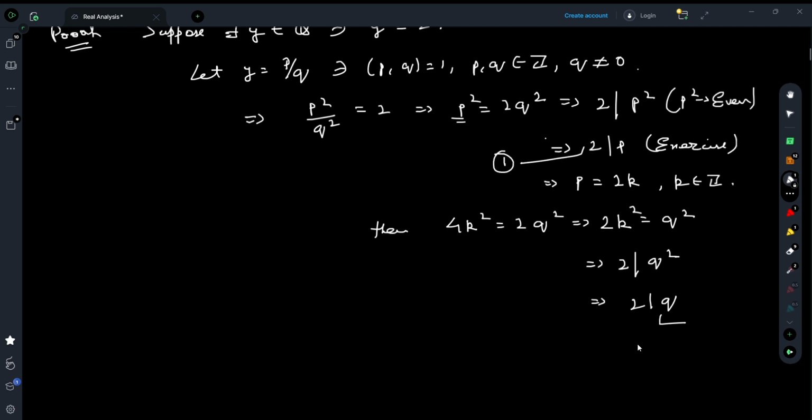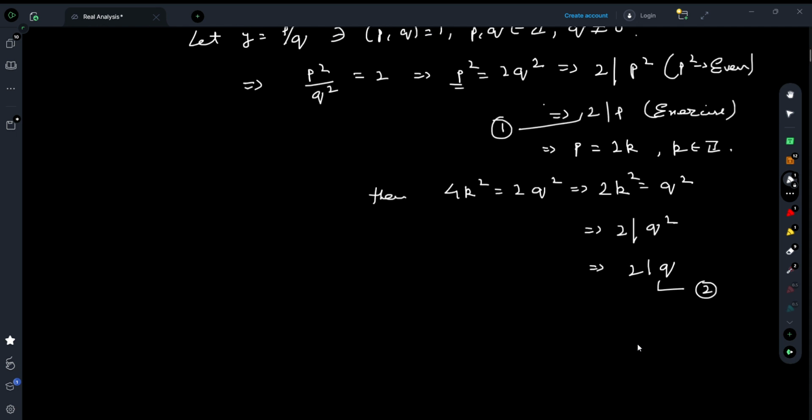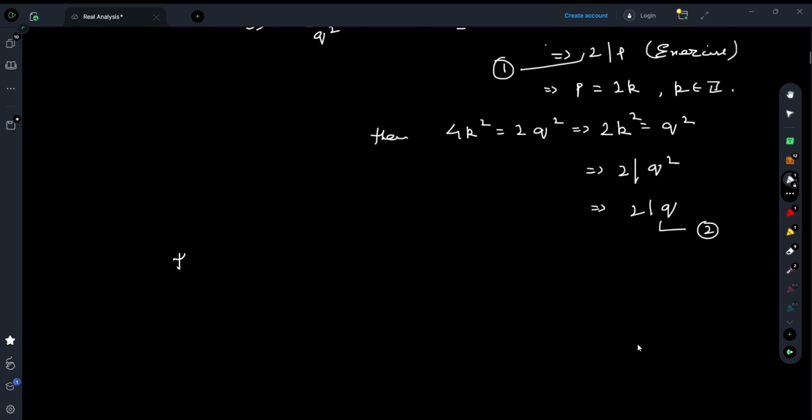Now suppose we mark the first statement as 1 and this statement as 2, then 1 and 2 imply that GCD of p and q cannot be 1, because we have a common factor, that is 2.